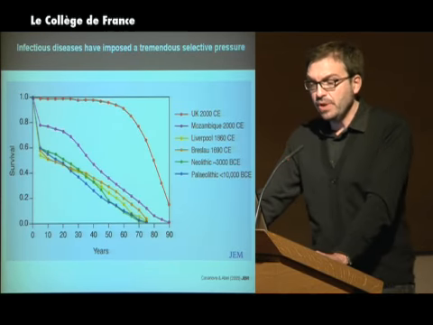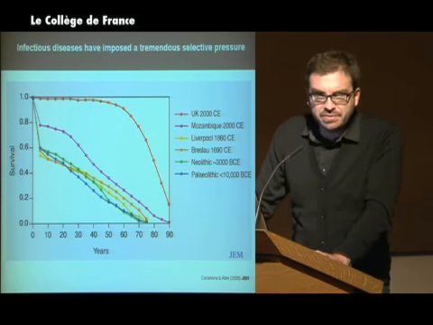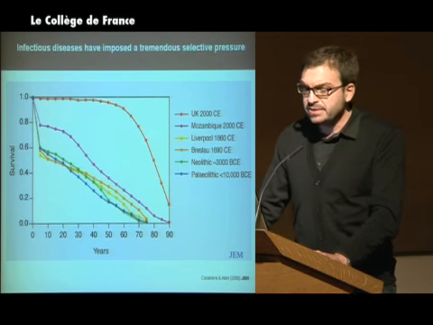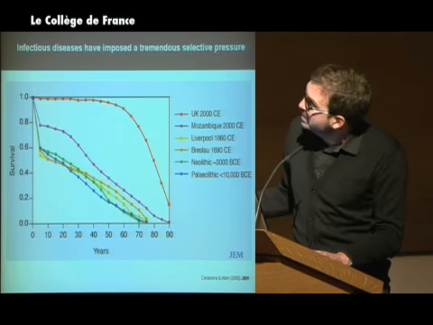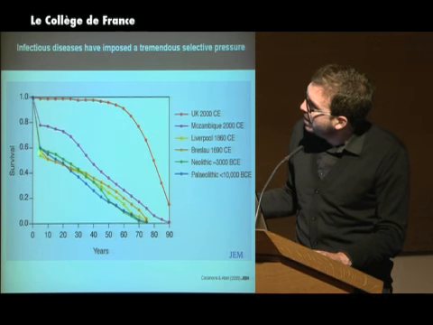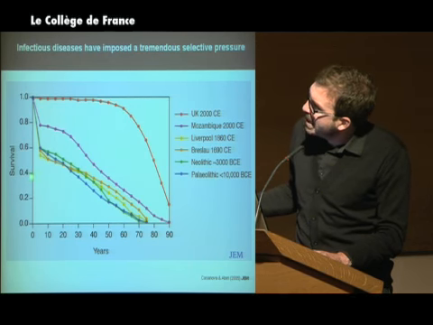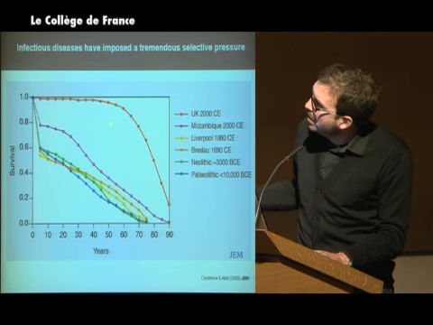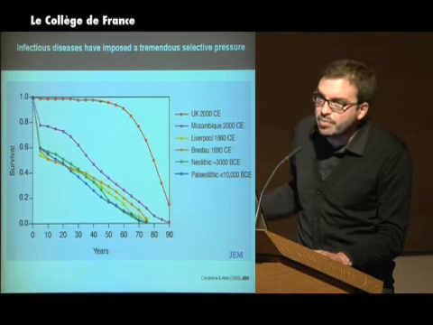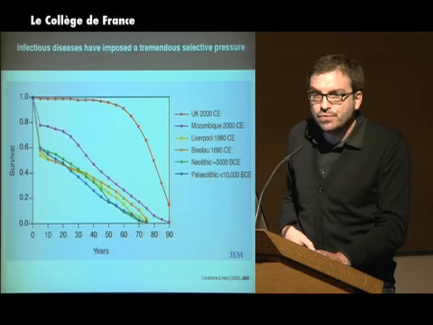Infectious diseases, as you know, have been a tremendous selective pressure over history. This is just a cartoon of survival mortality rates, where you can see, for example, that in the UK, at the end of the 19th century, here in yellow, around 38% of the population arrived at the age of 40, while today, also in the UK, more than 99% of the population arrives at the age of 40.